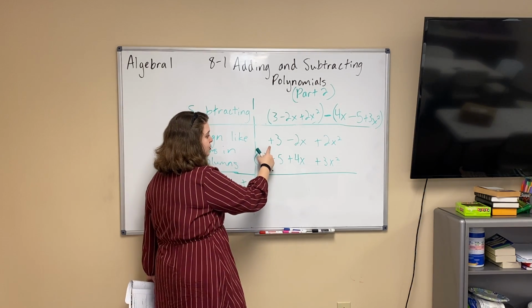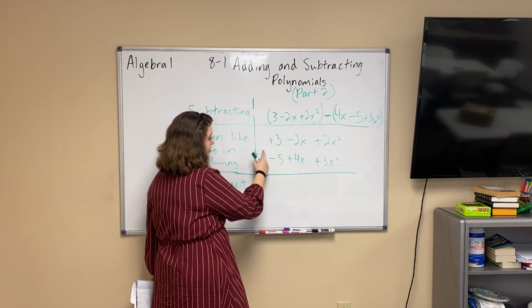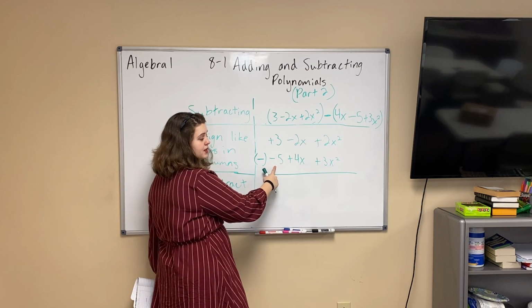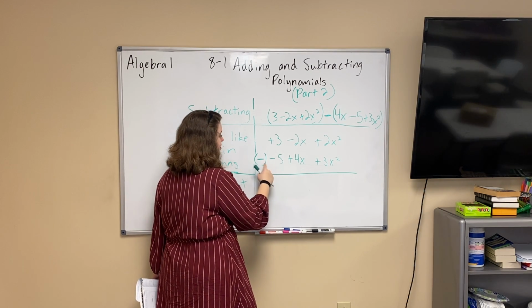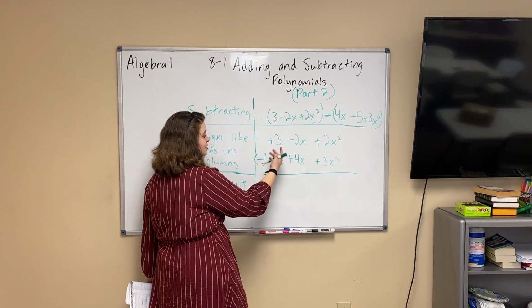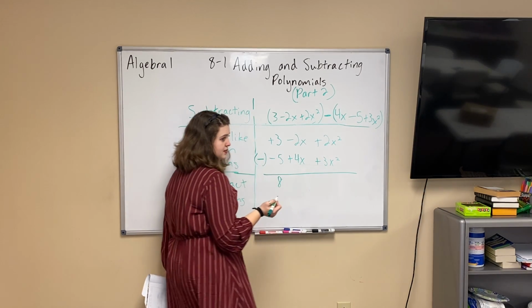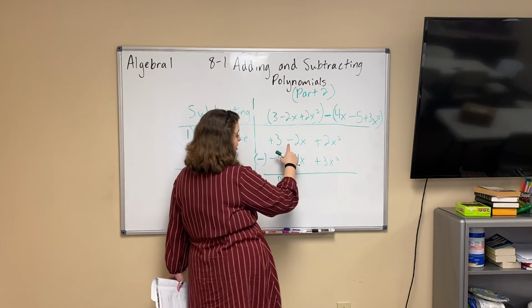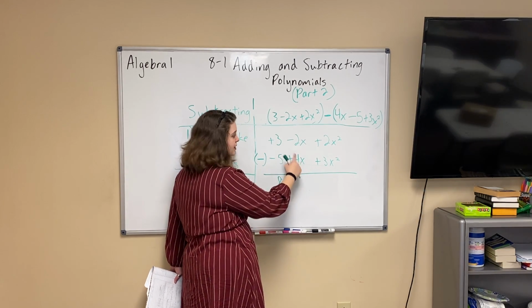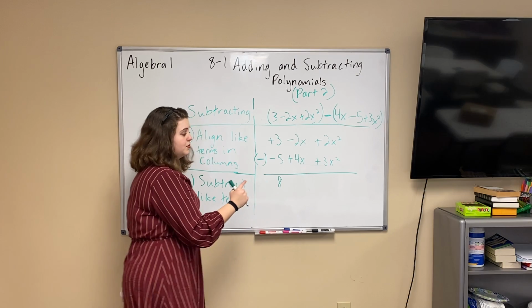So I'm not going to do 3 plus negative 5, I'm going to do 3 minus negative 5. What happens when I do minus a negative is it's going to be a positive. So this is basically like saying 3 plus 5, which will give us 8. Here we have negative 2x and positive 4x, but we're subtracting.